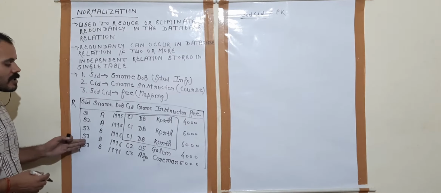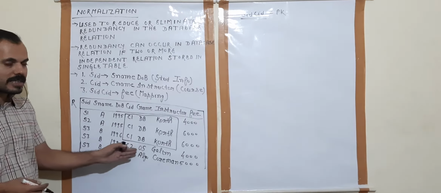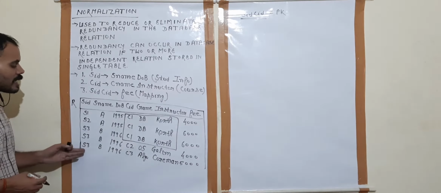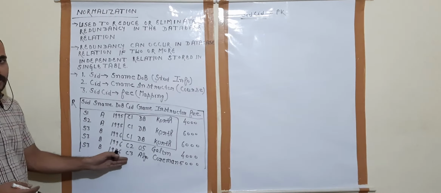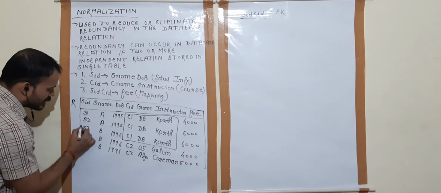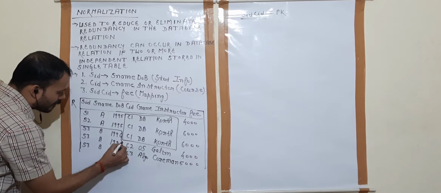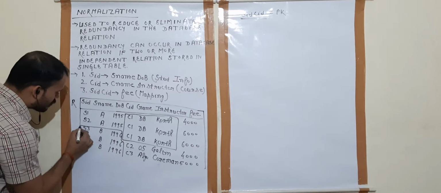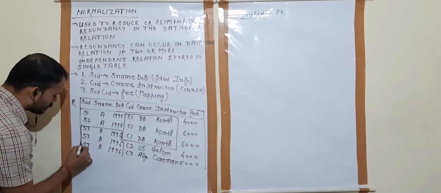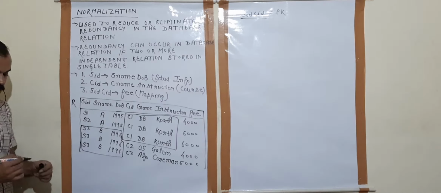The same student S3 is also enrolled in the course C2, whose course name is operating system, and is also enrolled in the course C3, whose name is algorithm. So this is the same student.